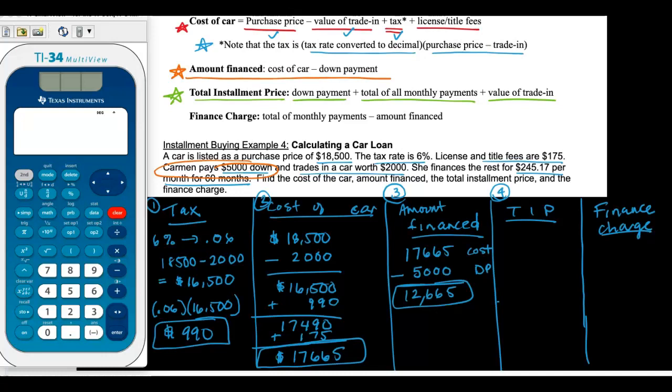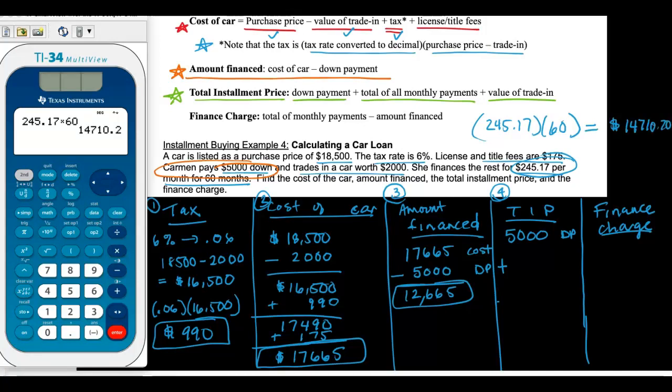Okay, so I'm going to start with the down payment. So the down payment was $5,000. So I'm just going to go through this formula here and write it all down. So $5,000 is my down payment, plus the total of all monthly payments. I'm going to do that on the side. So it said in the problem that she made monthly payments of $245.17 for 60 months. So I'm going to multiply $245.17 times 60 months. Okay, and so I end up getting a total for my monthly payments as $14,710.20. So I'm going to add that $14,710.20.